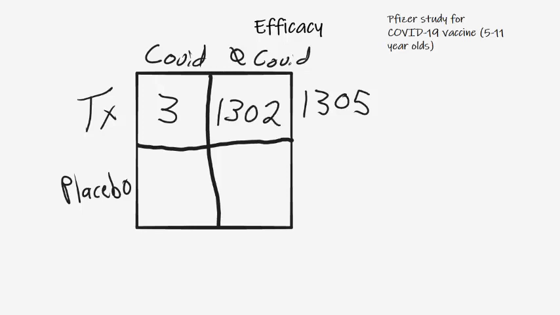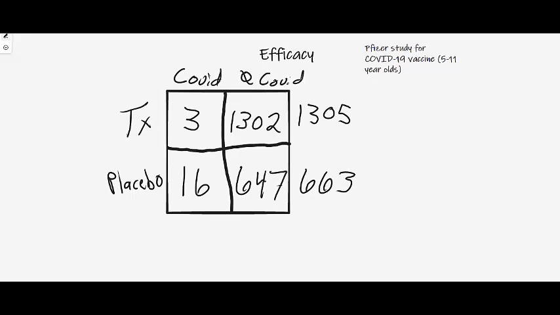Now, they also had a placebo group, a group of people who they gave just a saltwater shot to, a saline shot, and that was 663 subjects. And out of those 663, 16 developed COVID. That leaves 647 of those people who did not develop COVID.